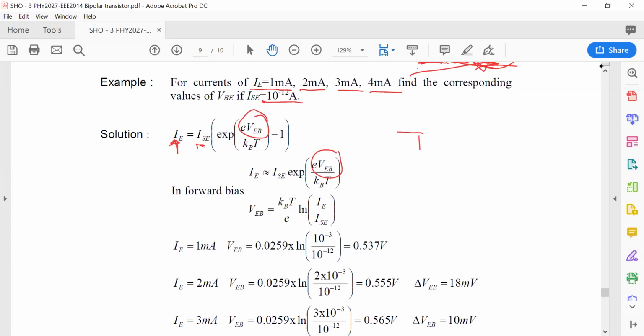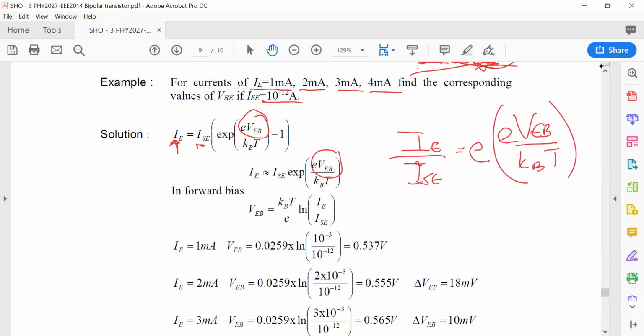We do that by taking the ISE to the other side: IE over ISE, the reverse saturation current, is equal to E to the charge VEB over KBT.